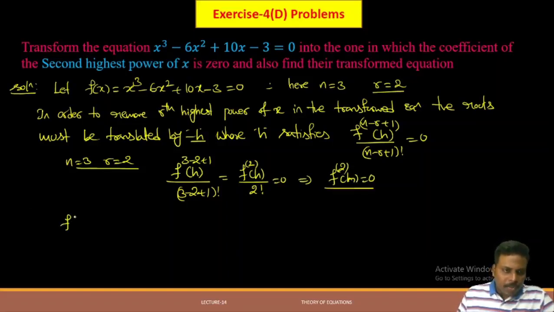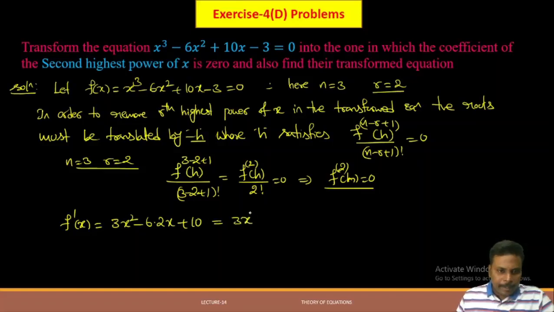Let us find out f dash. F dash x is equal to 3x square minus 6 into 2 into x plus 10. That is 3x square minus 12x plus 10. Now what is f double dash x? F double dash x is equal to 6x minus 12.